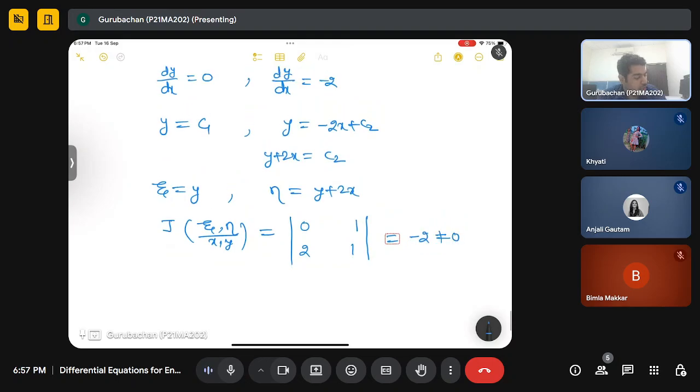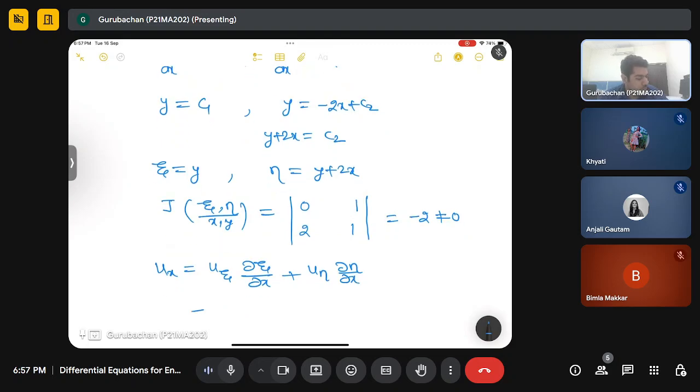How? So again we have to calculate uxy and uxx. So first of all ux will be, since we are dealing with xi and eta, let me use the notation u xi dou xi by dou x, u eta dou eta by dou x. So since there are no terms of x in xi, this factor will be nothing but 0, and from here this will be 2 times u eta.